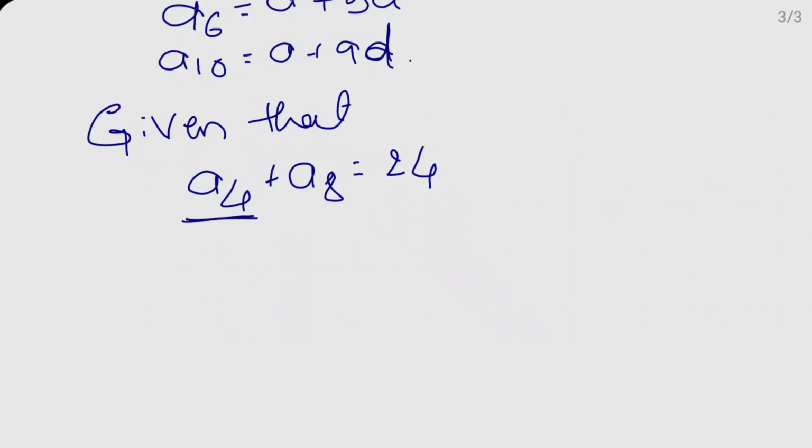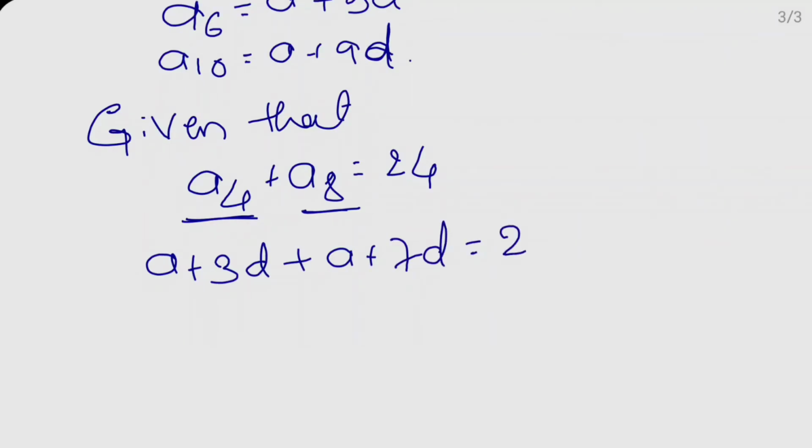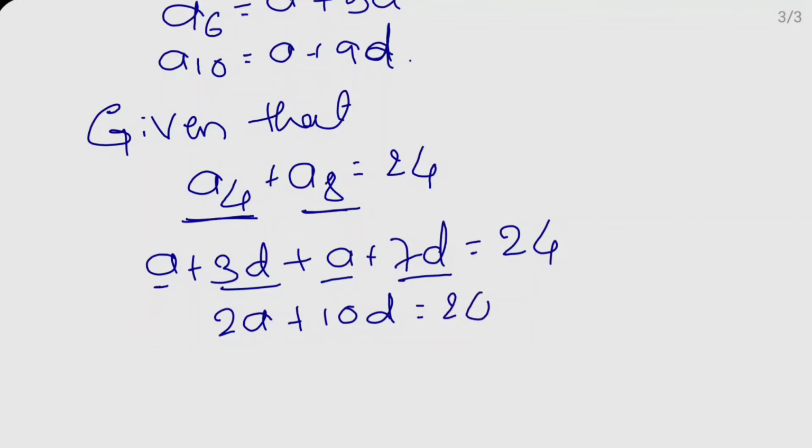So now we can write a4 as a plus 3d and plus a8 we can write a plus 7d and this equal to 24. So now here a plus a is 2a and 3d plus 7d we got 10d and this equal to 24, right?